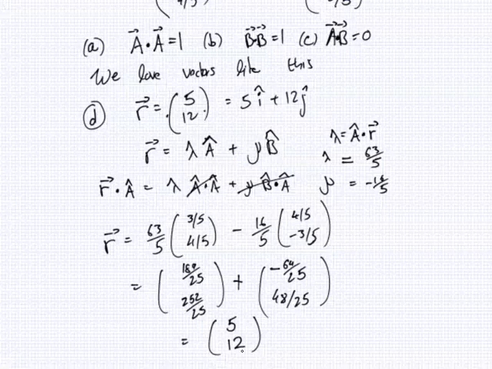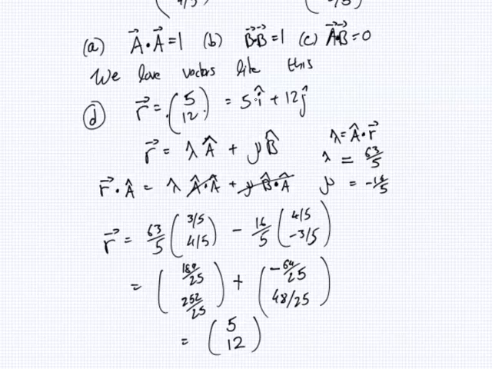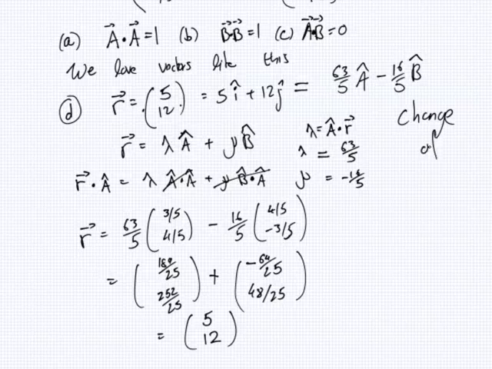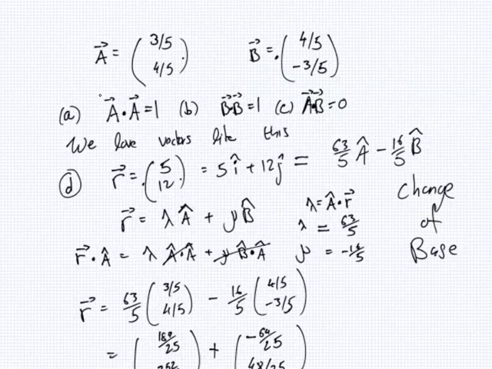So what we've successfully done is we've rewritten the OR as 63 over 5 A's minus 16 over 5 B's. So what you're doing here is change of base. Instead of using I's and J's, you're using A's and B's. And it's very easy to change the base, like I said, when the relationship between A and B is the following.